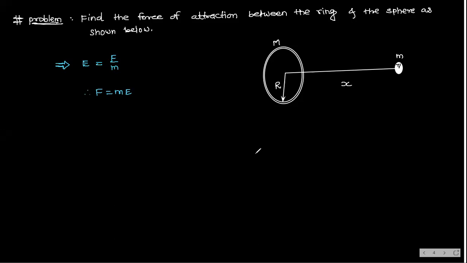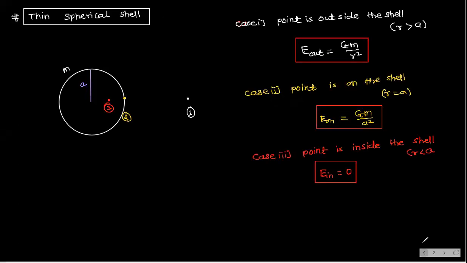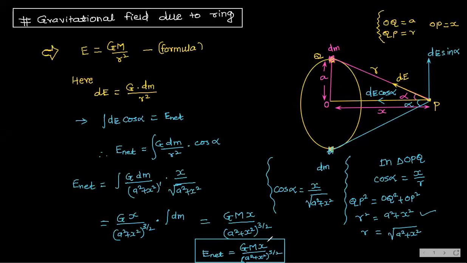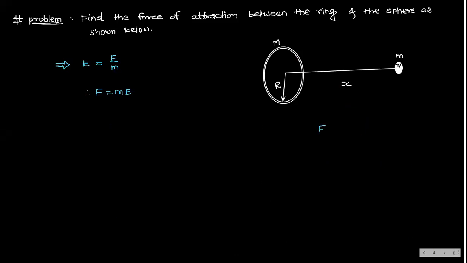Now go back and see what formula we got for the ring. What is the formula for E net? G M x by a square plus x square whole power 3 by 2, where a is the radius of this ring. If I use the same formula here, you are having E equal to G, here it is M, this distance is x only, divided by R square plus x square whole power 3 by 2.